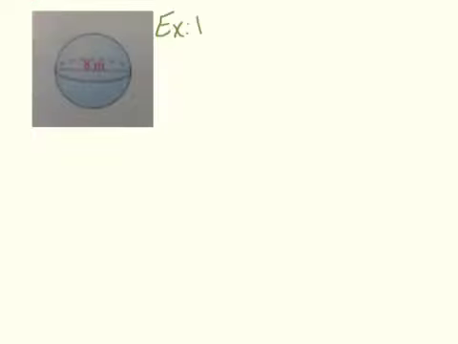The first example we will do with surface area of a sphere is example 1 on page 639 in your book if you want to follow along. Otherwise you can just watch it on here. Basically you have a sphere here, and it shows you that the diameter of the sphere is 8. So if we're going to find the surface area, then we need to find 4 pi times the radius squared. In this one we see that we have the number 8, but that is the diameter.